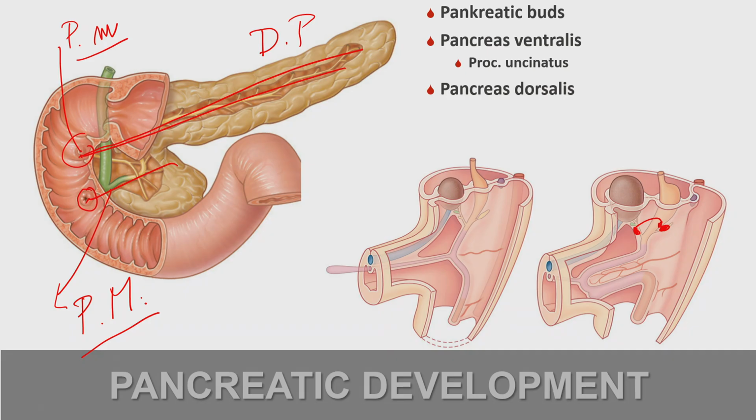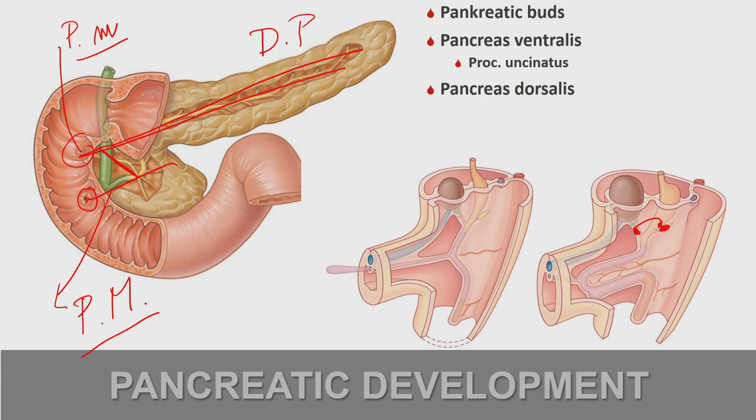But the problem is that there are some possibilities for how to connect those two systems, and the variability is quite frequent and complicated. But the important thing is that the major papilla always contains the supply by the bile duct and pancreatic duct.